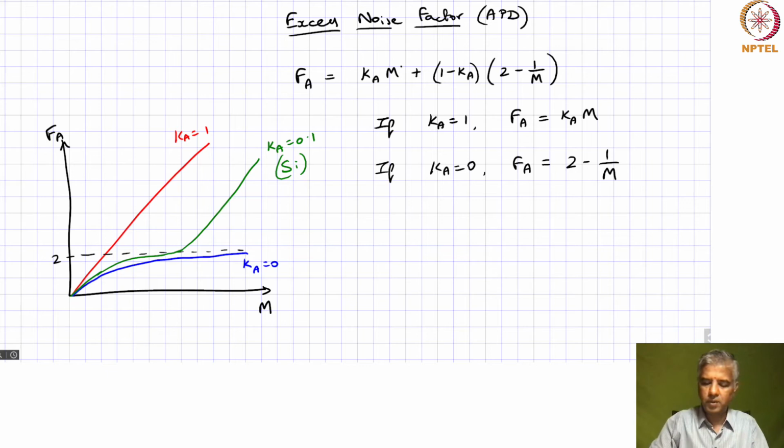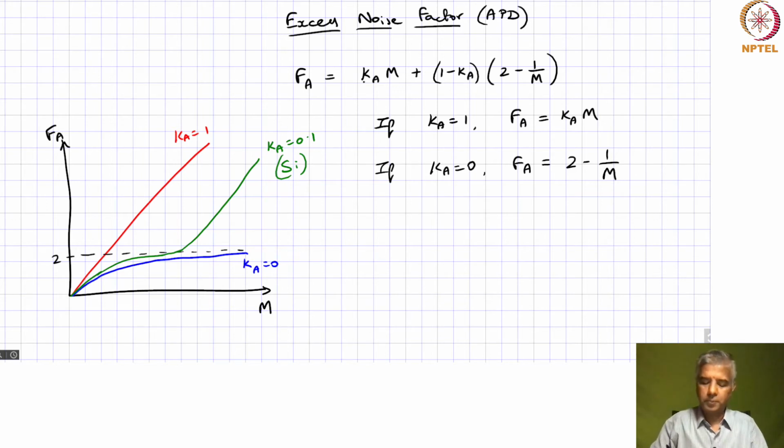Essentially, this first term starts dominating beyond a certain value of m. For lower values of m, this term is dominating. For higher values of m, this term is dominating. And when you go to this regime where this term is dominating, then you lose all the benefits of using your APD.